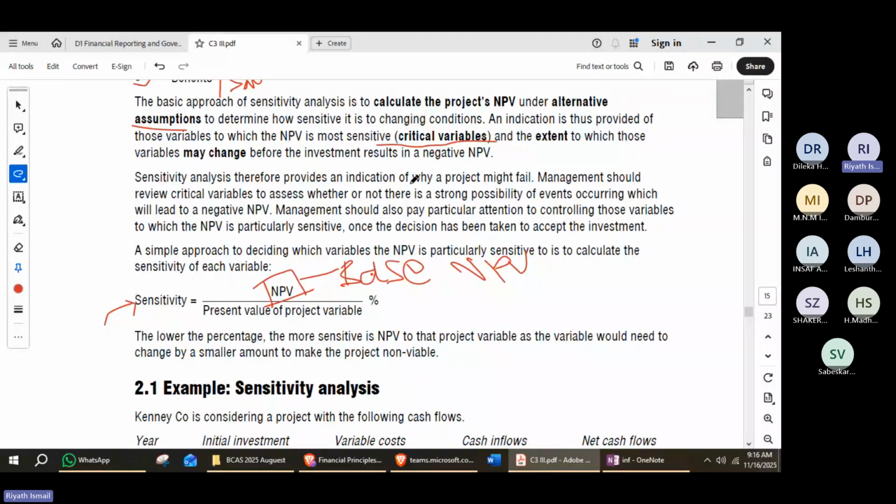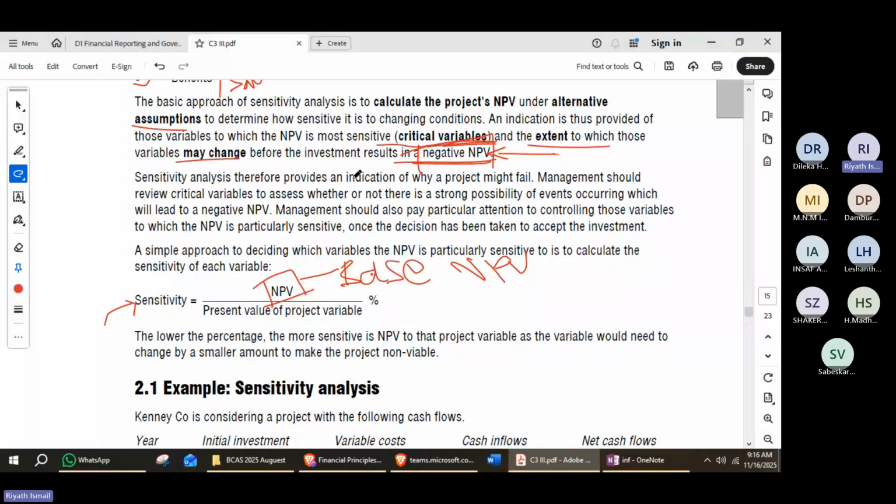Very few variables are sensitive, and we have to find them. We need to know the extent to which those variables may change before the investment result is negative, so we can avoid an investment that achieves a negative NPV.